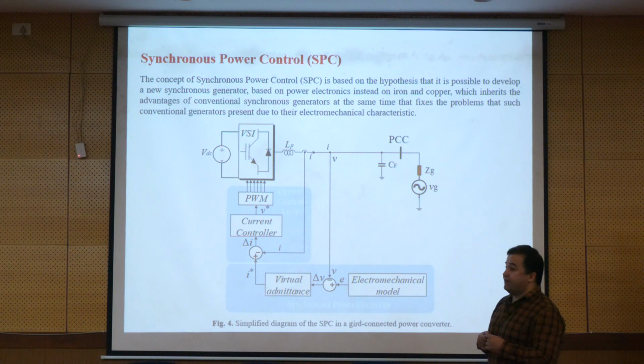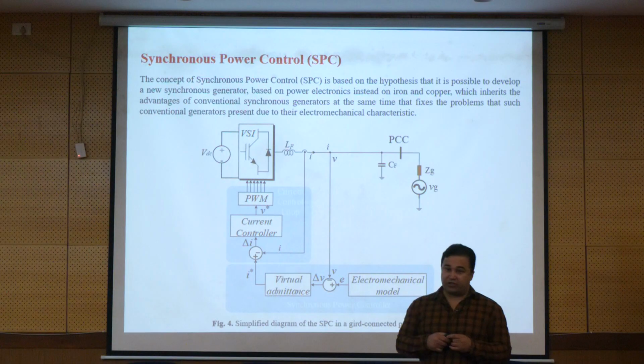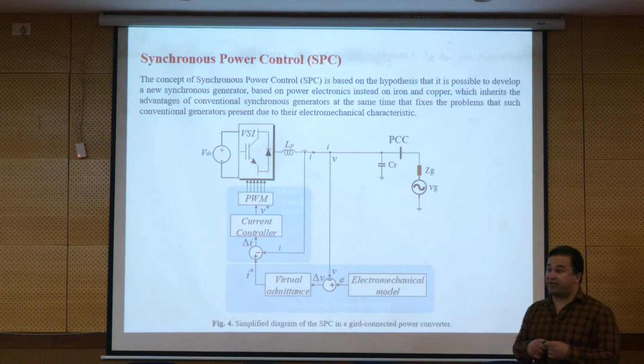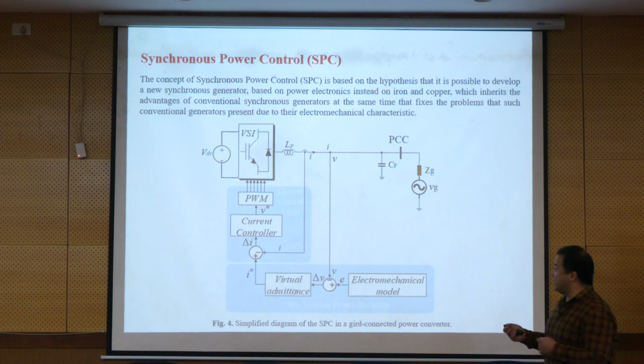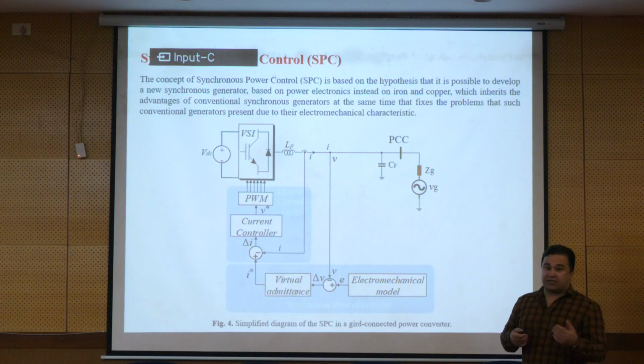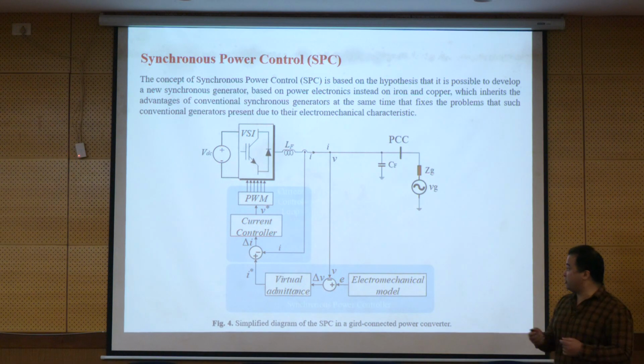But then we said that if we are going to provide supportive functionality for the power grid by the converter, we need to emulate the behavior of the synchronous generator. We said that the model with virtual admittance is good, and the reason is that we can use the admittance as a filter to filter the injected current from the converter to the grid. The model we have for the synchronous generator should be emulated here.